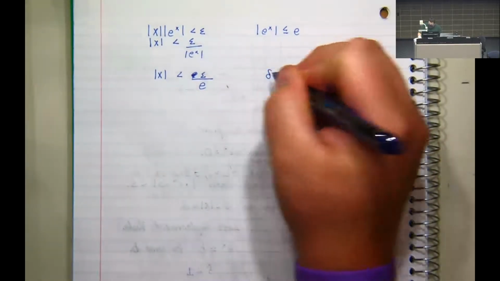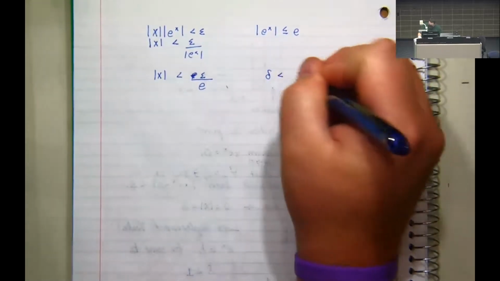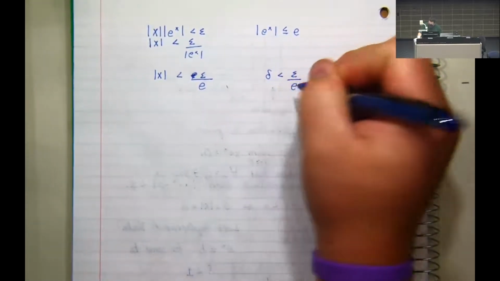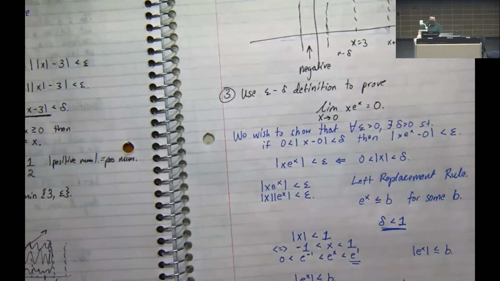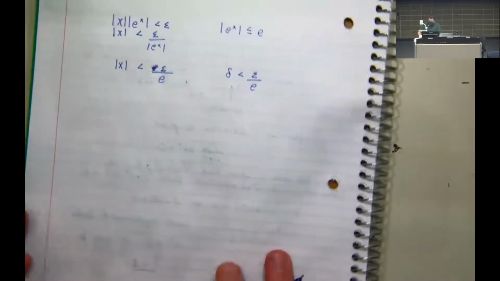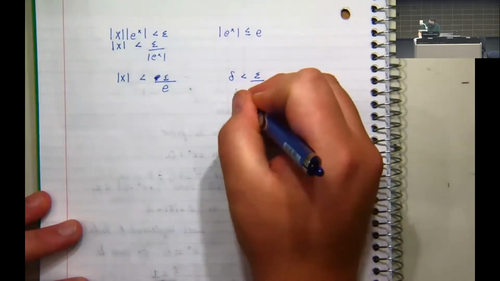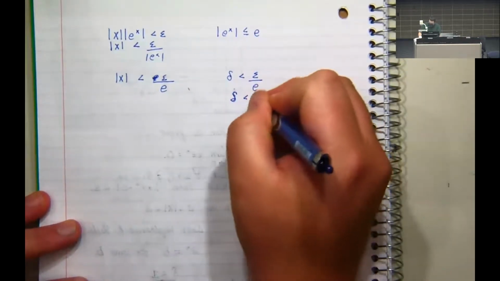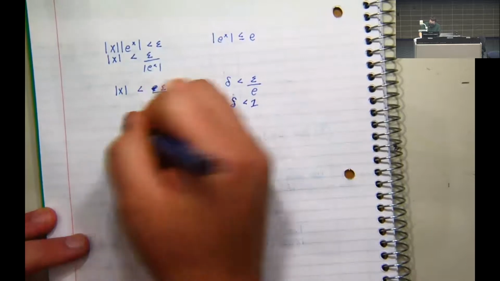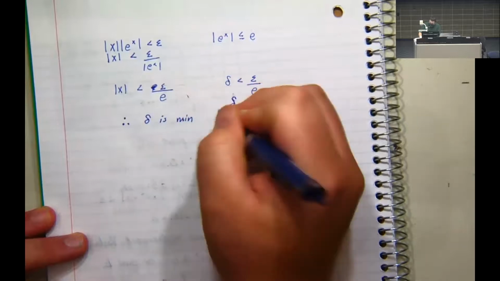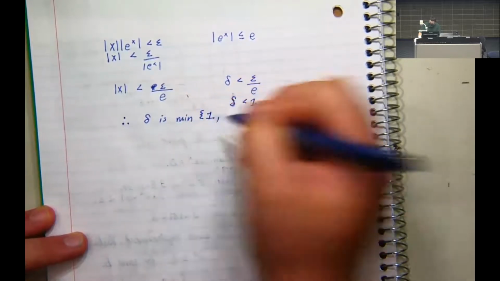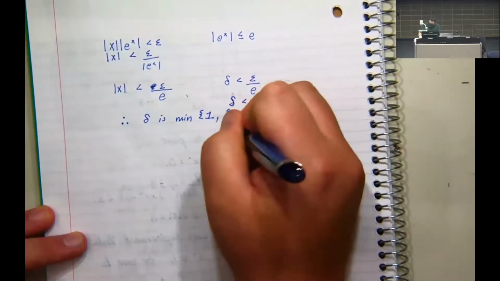So delta is less than epsilon over e. And our previous restriction here was that delta is less than 1, and that's how we got our bound for e to the x. Therefore, delta is the minimum of 1 or epsilon over e.